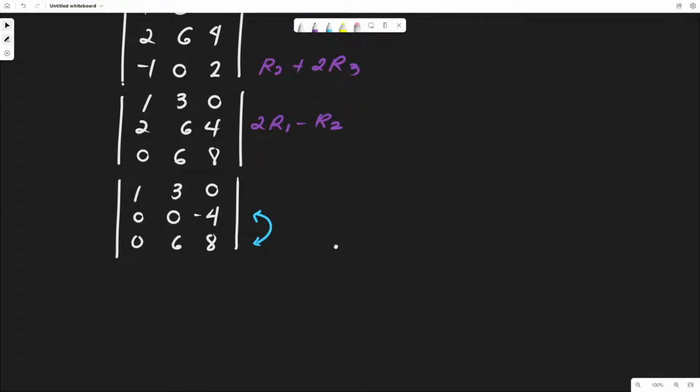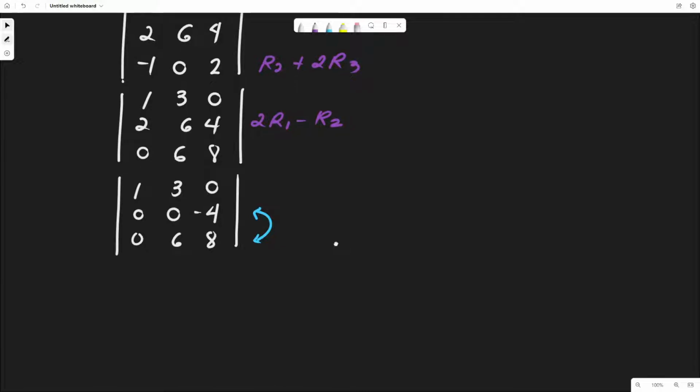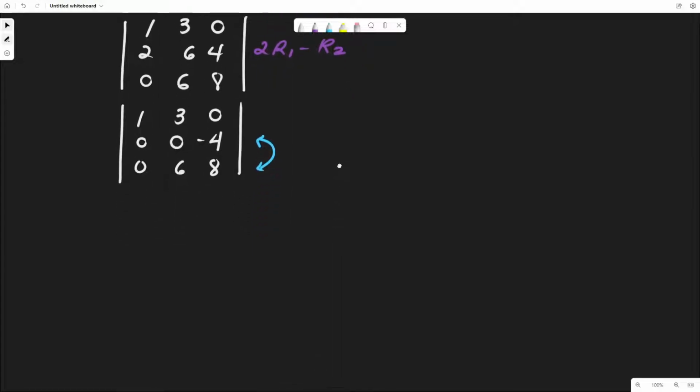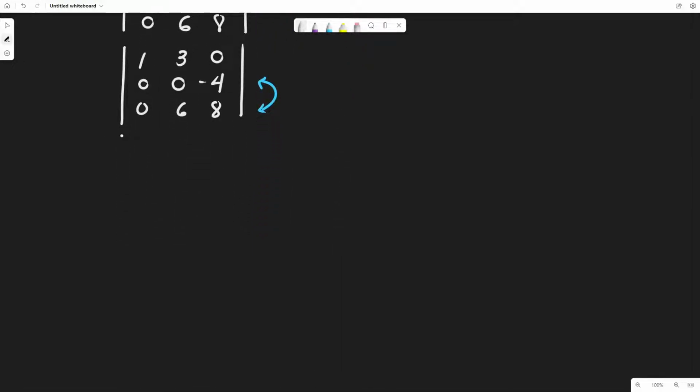Yan, sige. So pagpalitin natin to, no? Sabi natin pag nag-change tayo na row, di ba sa properties, magpapalit ng sign. So we have here 1, 3, 0. Then we have 0, 6, 8. Then we have 0, 0, negative 4. No? So we have here 6 times 4.